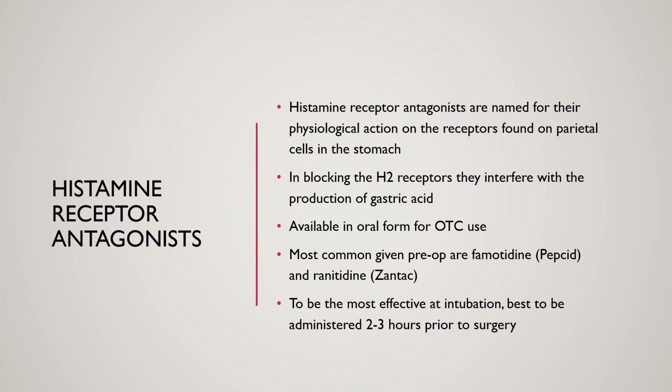But the most common given pre-op are famotidine, which is Pepcid, and ranitidine, which is Zantac. To be the most effective at intubation, it is best that these are administered 2 to 3 hours prior to surgery, which works out because we usually have our patients show up about 2 hours prior to their scheduled surgery time.